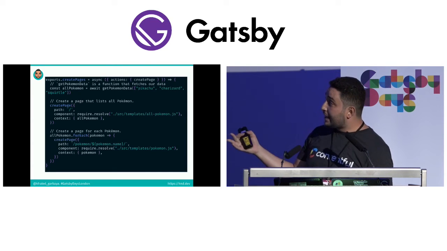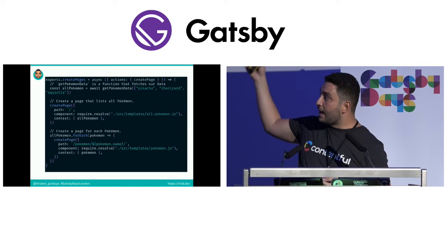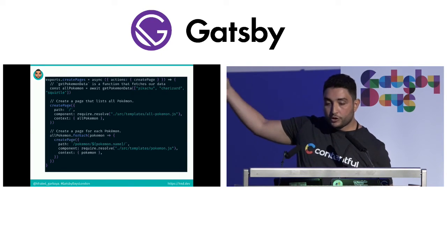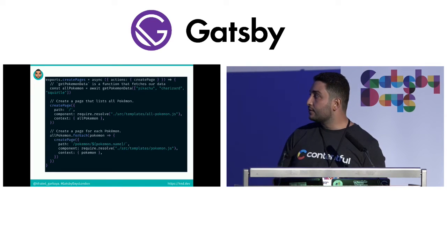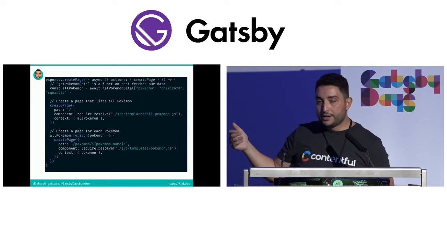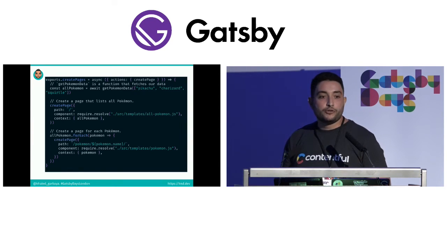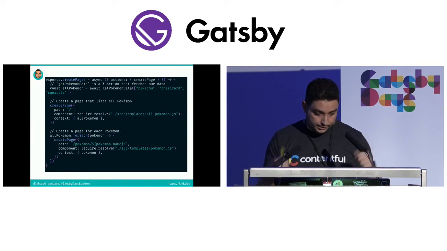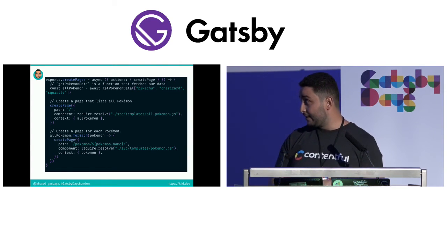So the idea here is to hit another endpoint or have your own collection and then pass all the data through the context object. The context object can take anything. So you don't need to pass in, for example, an ID here and then inside the page do a GraphQL query.